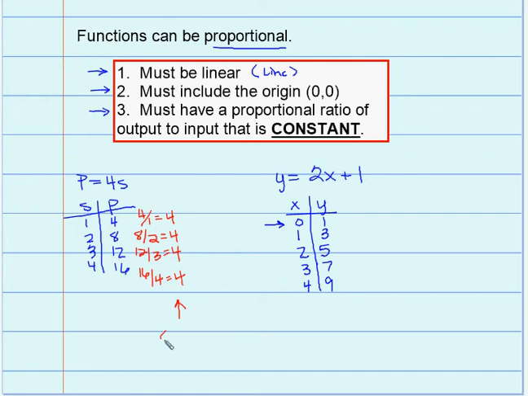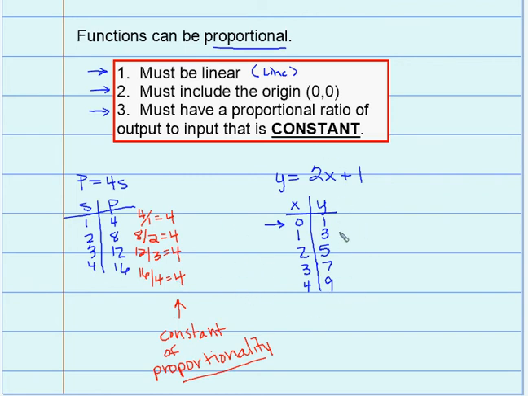These are constant. That is your constant of proportionality. It's what you multiply times your input to get your output.